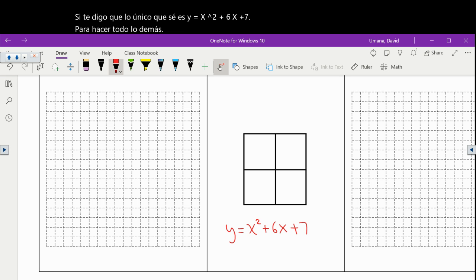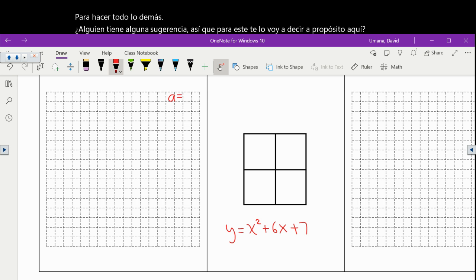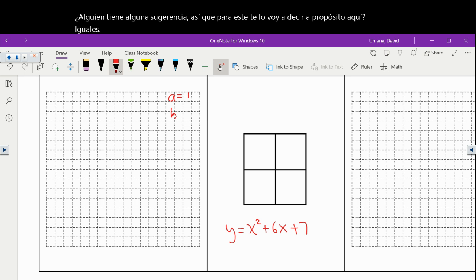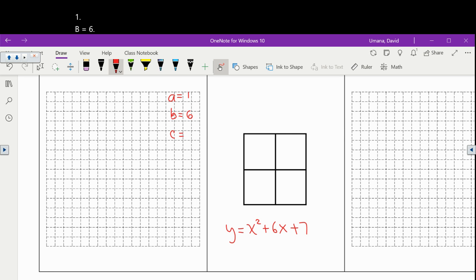And if it is, does anyone have any suggestions? So for this one, I'm going to purposely tell you here, A equals 1, B equals 6, C equals 7, and B purposely goes in the opposite direction. If that's all I have, ideas, suggestions? How do I get the rest?